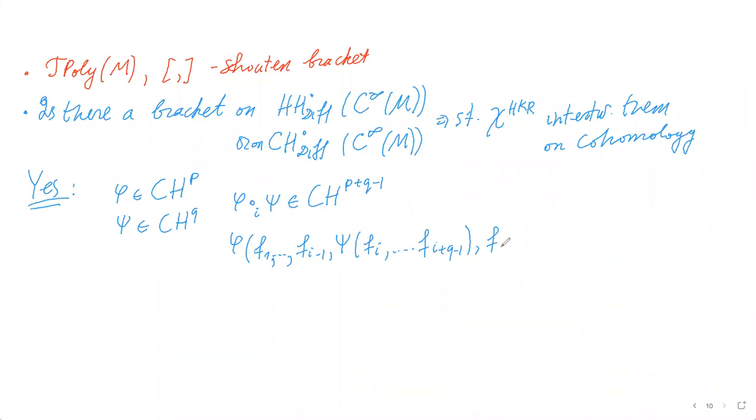So you begin with f i plus q, and you end up with f p plus q minus 1. So this is the value of phi circle sub i of psi applied to f1 through f p plus q minus 1.